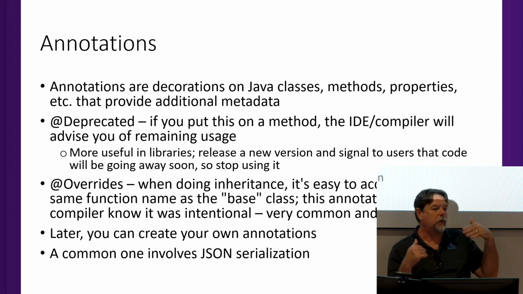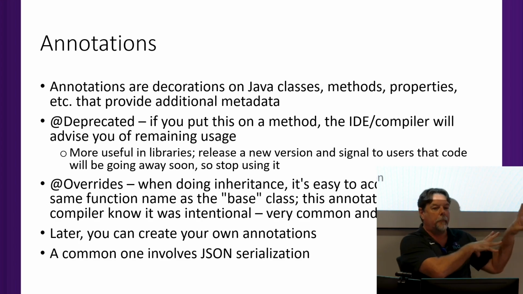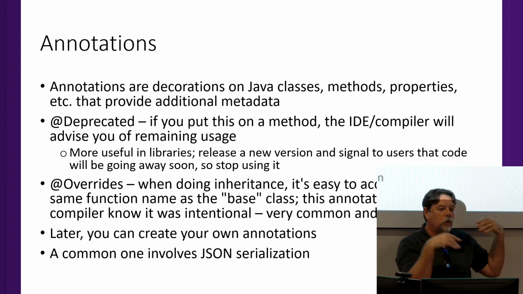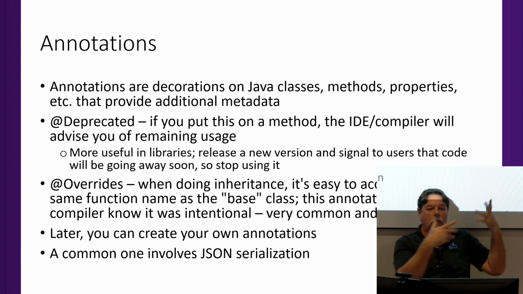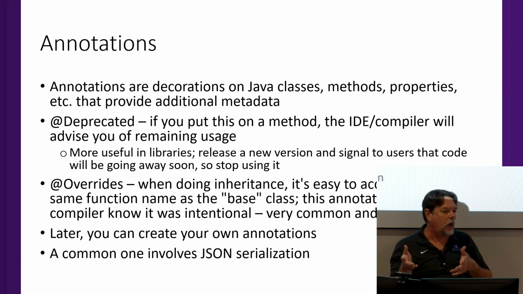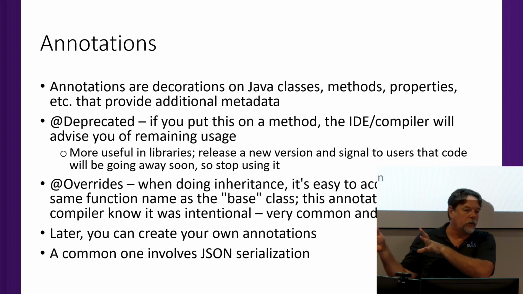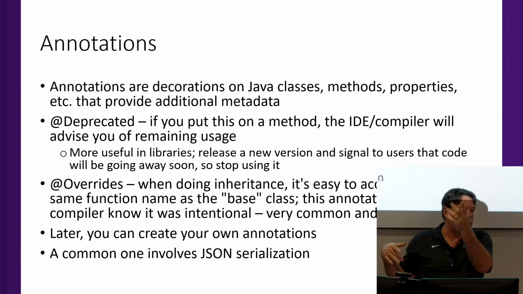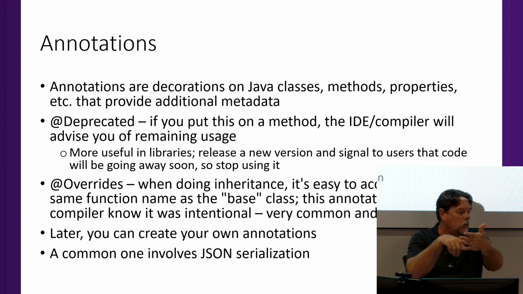It's in between code and comments, right? When you're running your Java program, it's not going to run the stuff that you put in your annotations. But at the same time, it's a little bit more useful than documentation, which is just somebody has to go into GitHub and look at your Java code to see what your comments are.